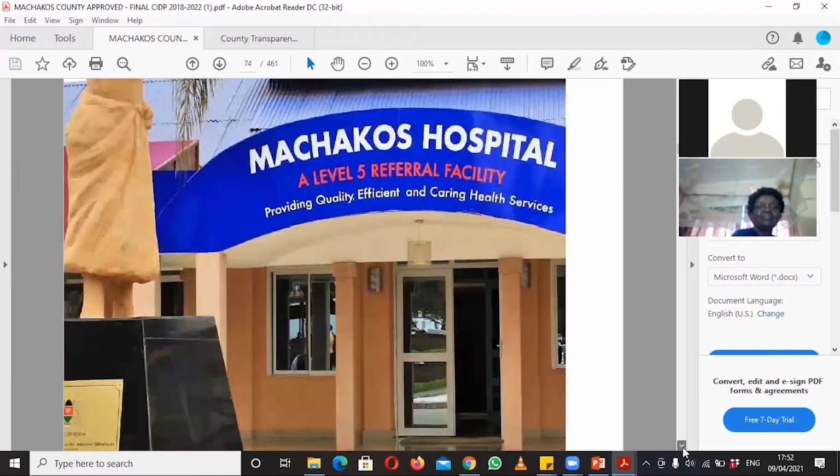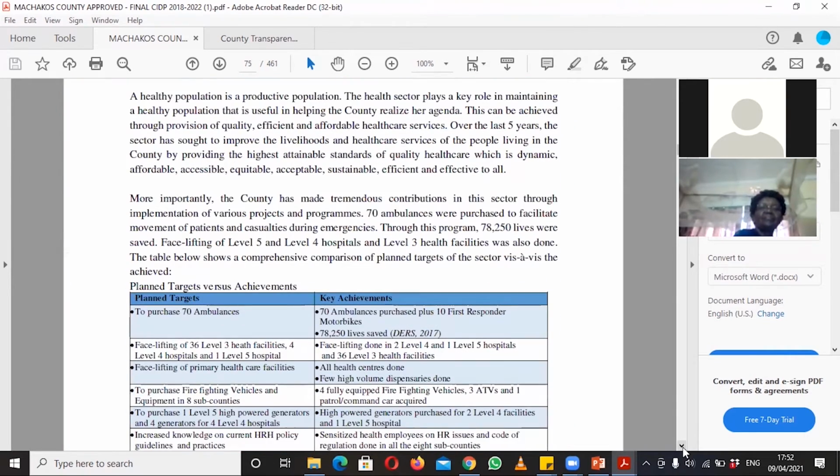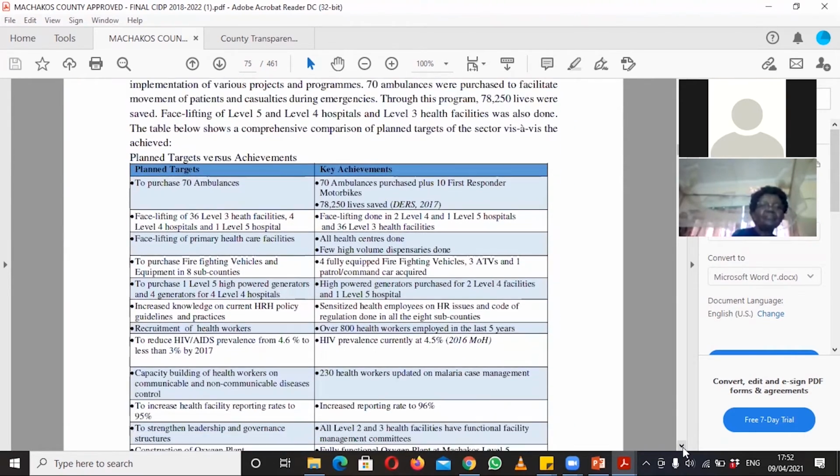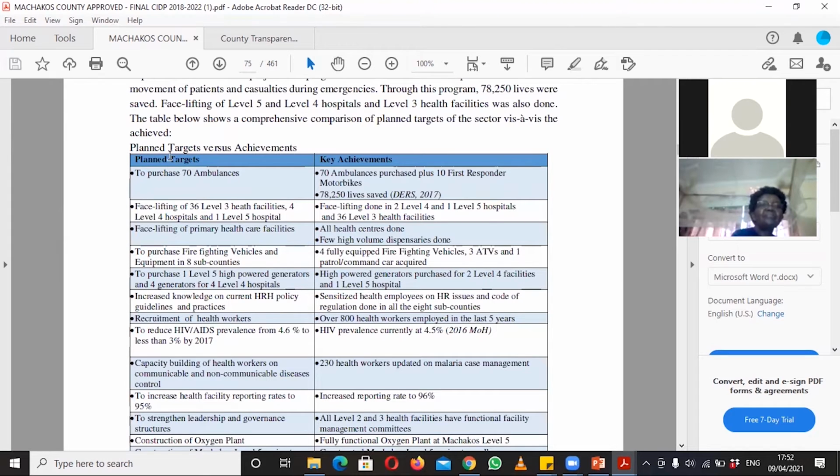Now Machakos level. Now the planned targets. This is health, to purchase 70 ambulances. They purchased 70 ambulances plus 10 first responder motorbikes. That was 2013 to 2017, and they did purchase that.